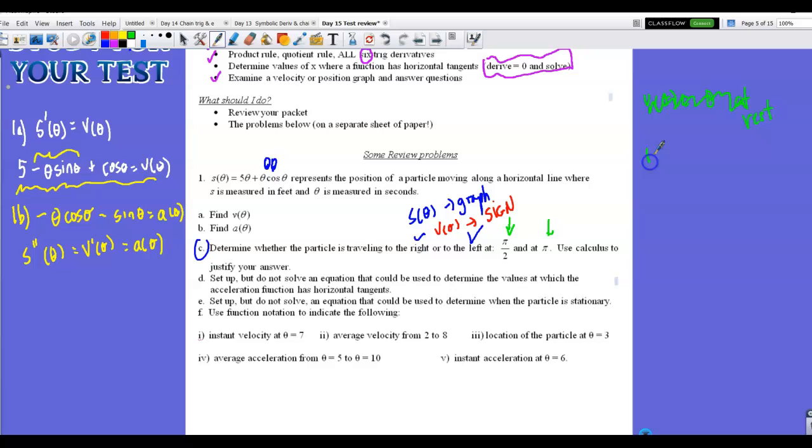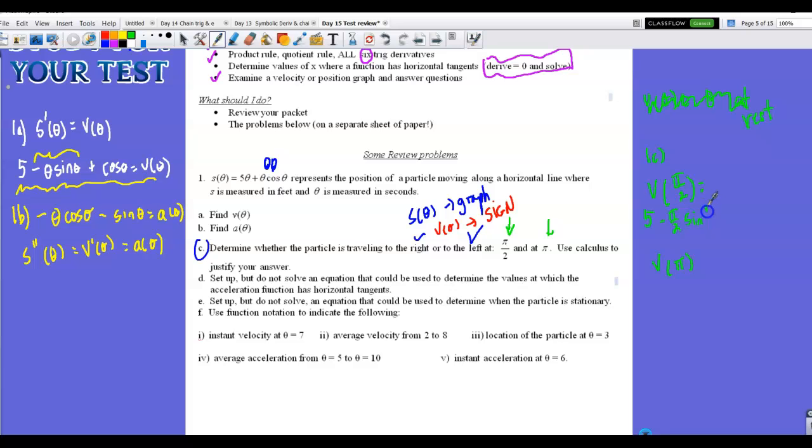I simply want to know the velocity at pi over 2, positive or negative, and the velocity at pi, positive or negative. So I'm going to substitute into velocity, which is over on my other side. So I have 5 minus pi over 2 times the sine of pi over 2.